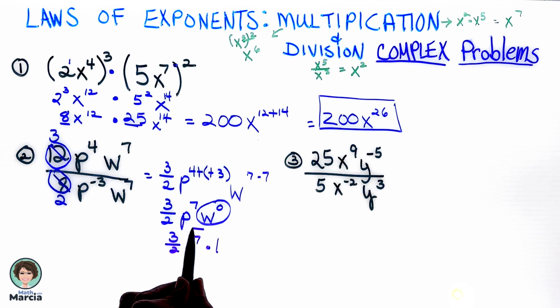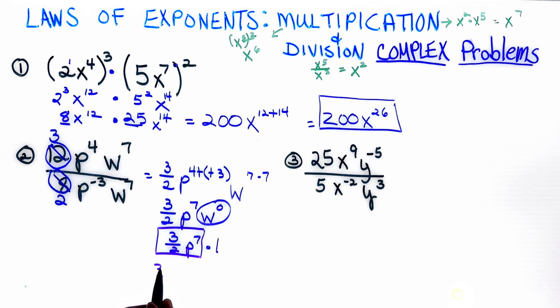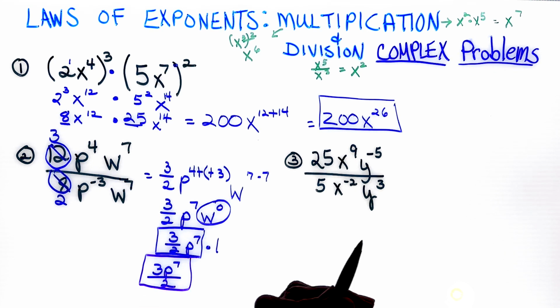So this can actually be our answer. It may even be written where you have your 3 and your p to the 7th in your numerator, and your 2 is part of your denominator. Either one of these formats is okay. All right, well, let's look at the next one.